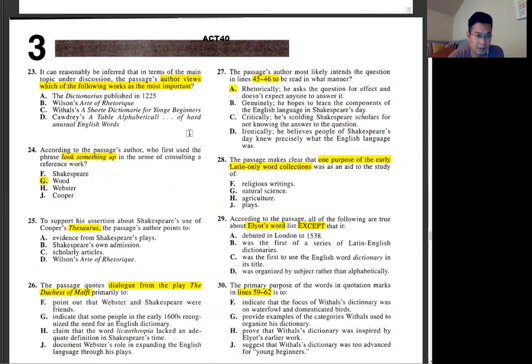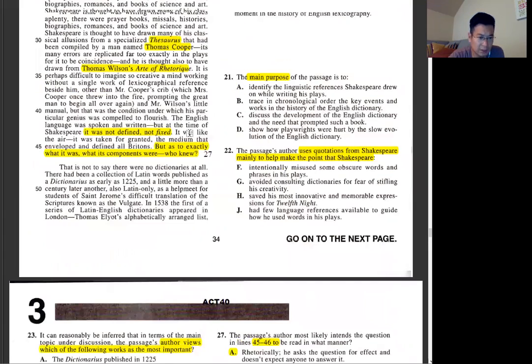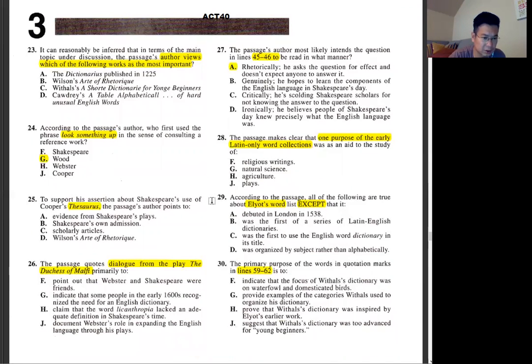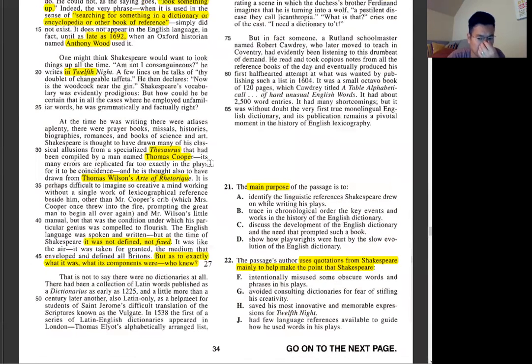And also, I remember it talks about Cooper, right? The thesaurus. Oh, in 25, to support the assertion about Cooper's thesaurus, the passage author points to. I think earlier, okay, so yeah, line 30 it says thesaurus and complement Cooper.